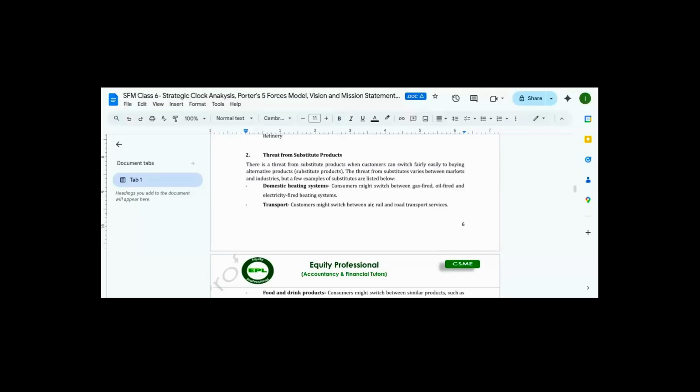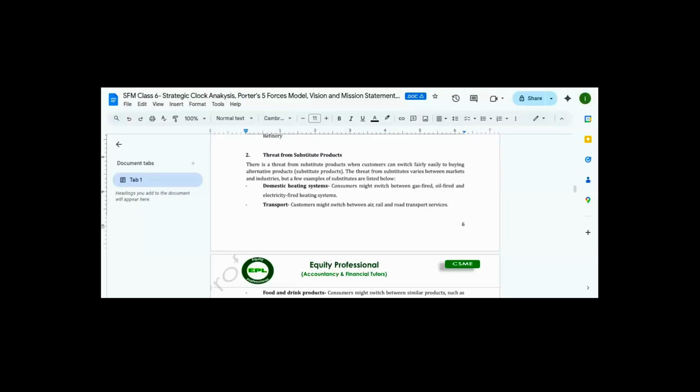When they introduce a new product, customers that have been buying our brand, you just discover that we don't see some of them, all because they have made a trial purchase of the newly introduced substitute product. And with the advent of technology, we are now experiencing threat of substitute products in all industries across the globe.